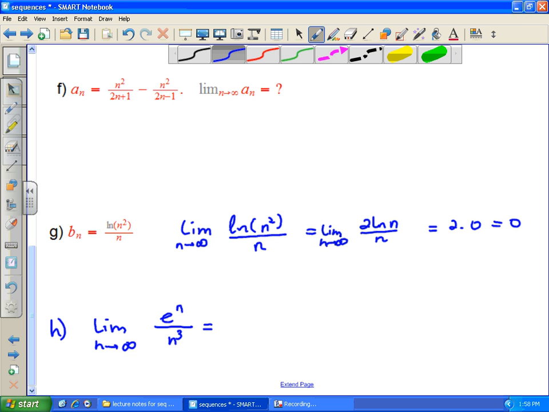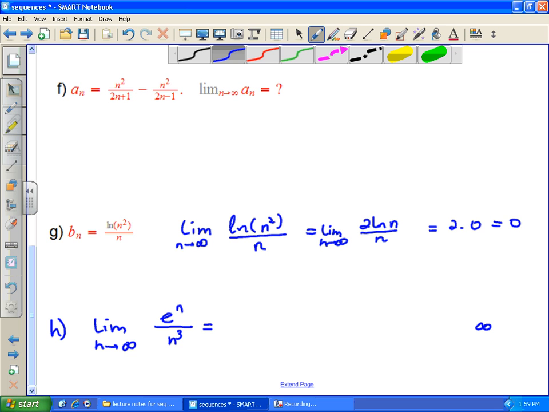Which one do you think grows faster? Exponential with a base greater than 1 grows faster, right? So where do you think intuitively this might go? If the top grows faster, the ratio might go towards? This is like a million, this is a 10. This is 10 billion, this is like 1,000. It's growing much faster on the top. So the ratio might go where? Towards infinity. So that's a guess because of what we saw.